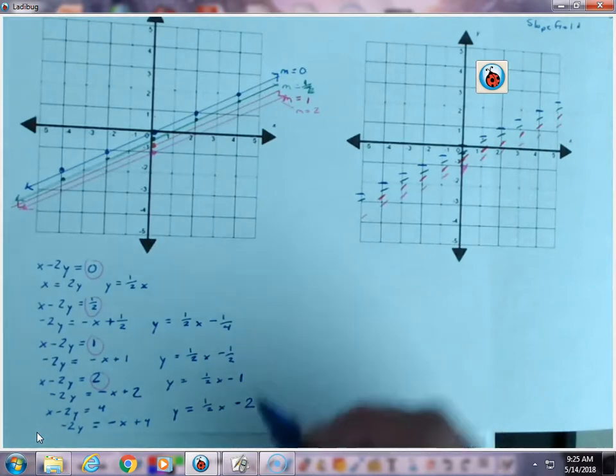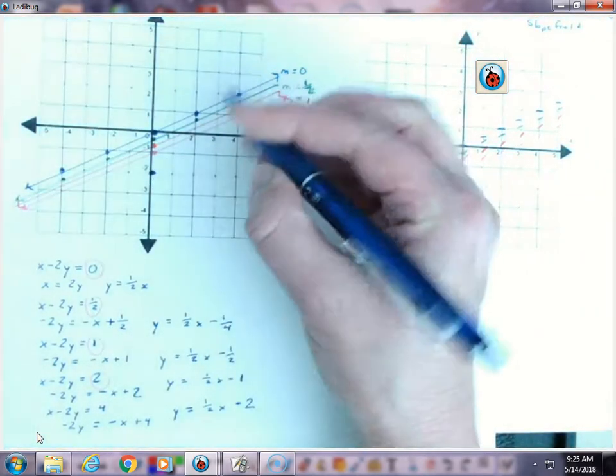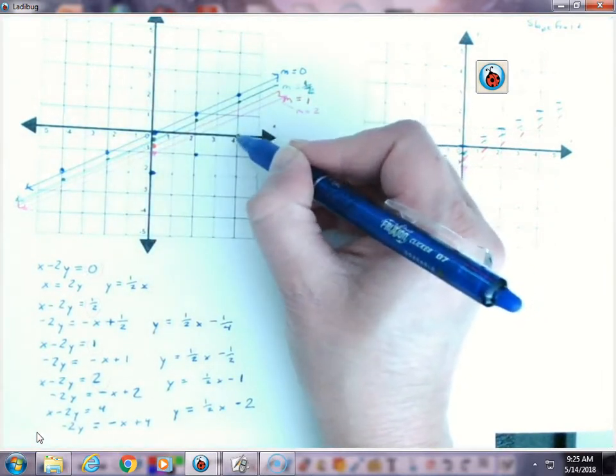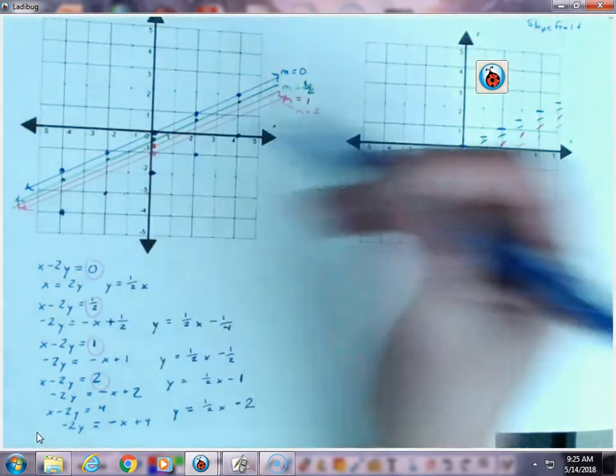We have -2, so we have a little bit of separation. Still going to be parallel, up 1, right 2, up 1, right 2, down 1, left 2, down 1, left 2.